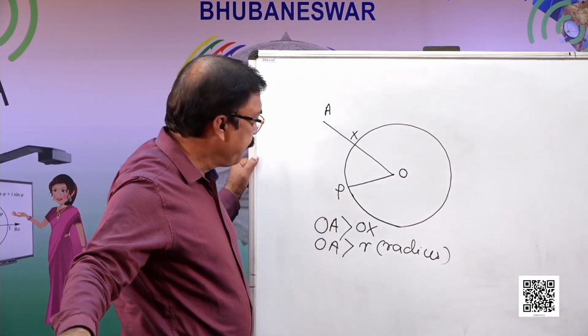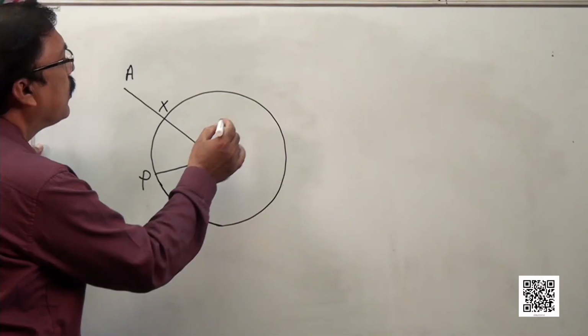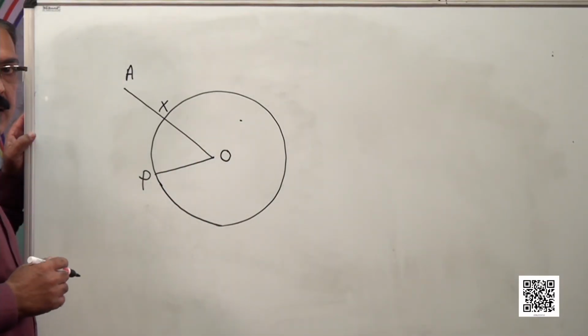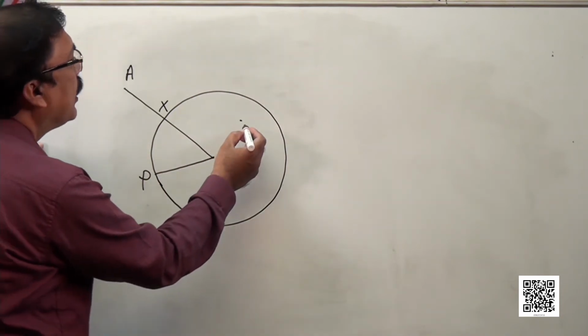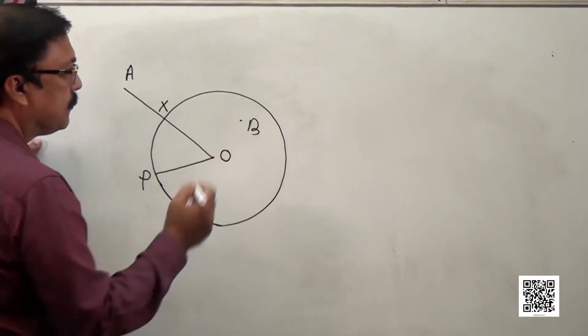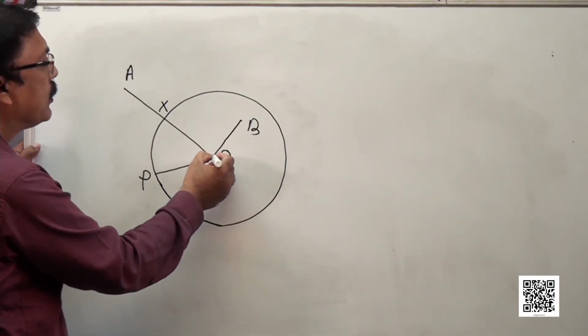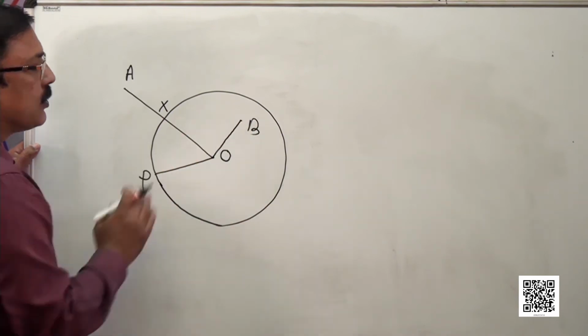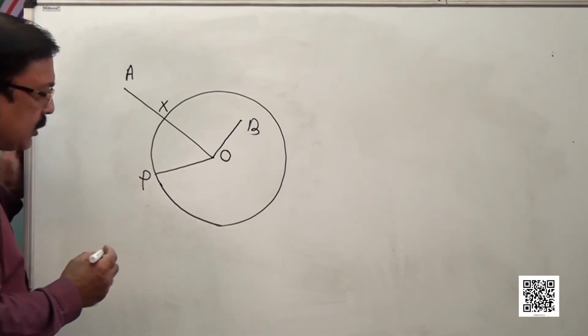Now you see, if we take a point inside the circle, in the interior of the circle, let it be B. Now join the line OB. Now what is this length OB and the radius?